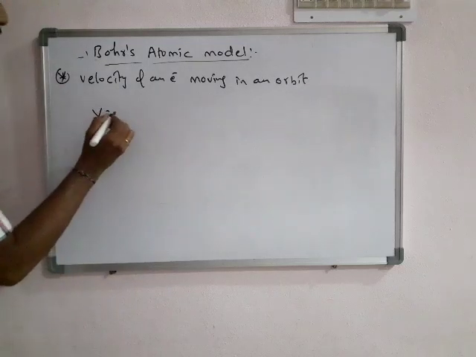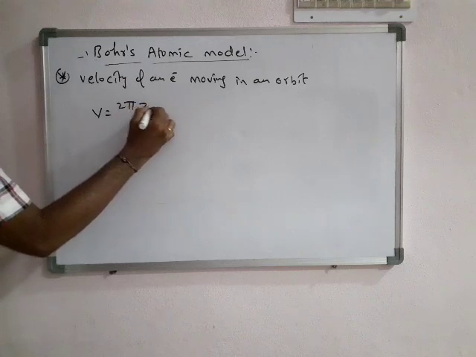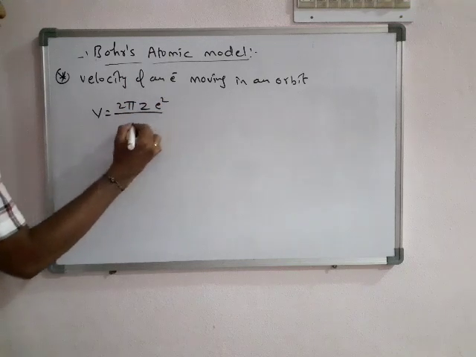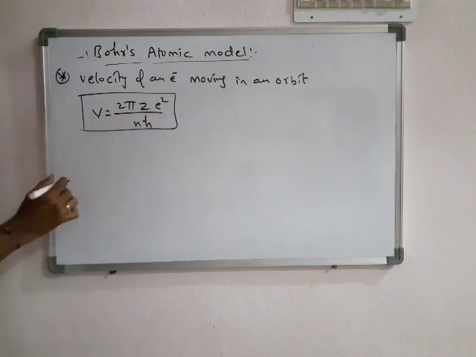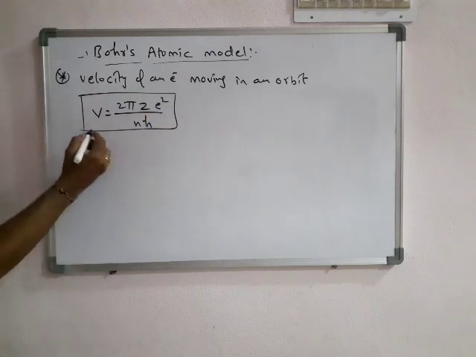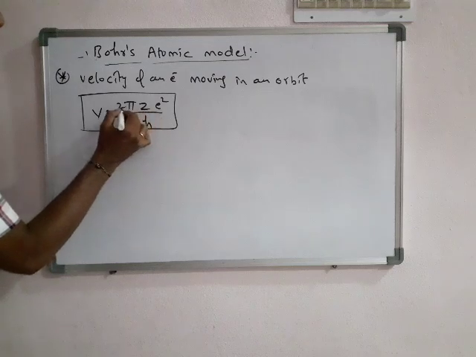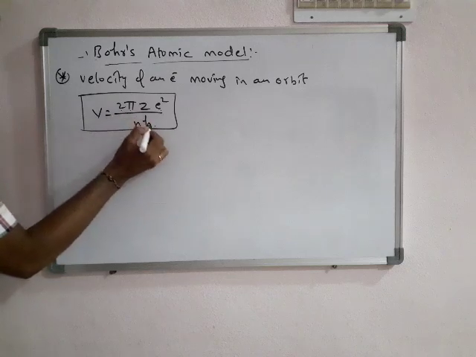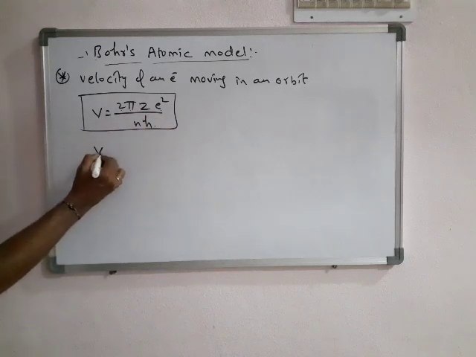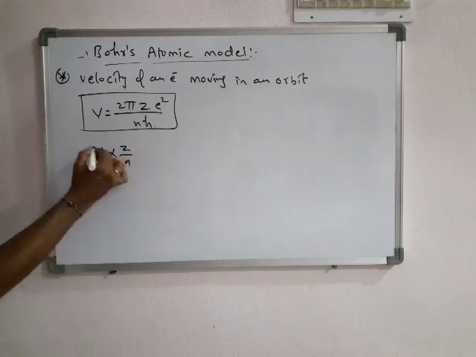The velocity in an orbit is given as 2 pi Z e square by n h. Here again n is variable, Z is variable, and 2, pi, e, h are all constants. We can write V proportional to Z by n.